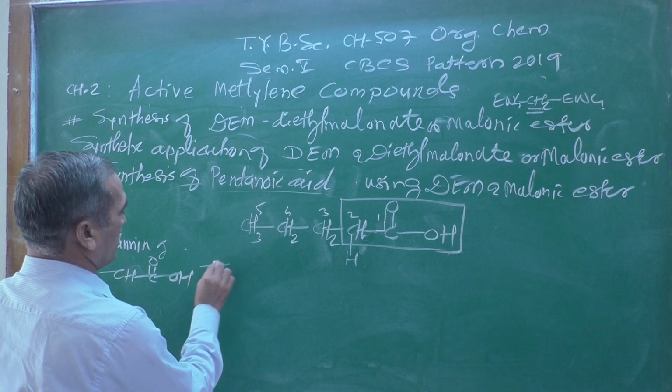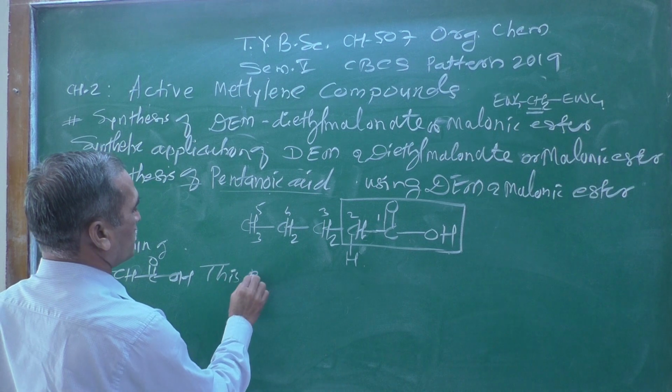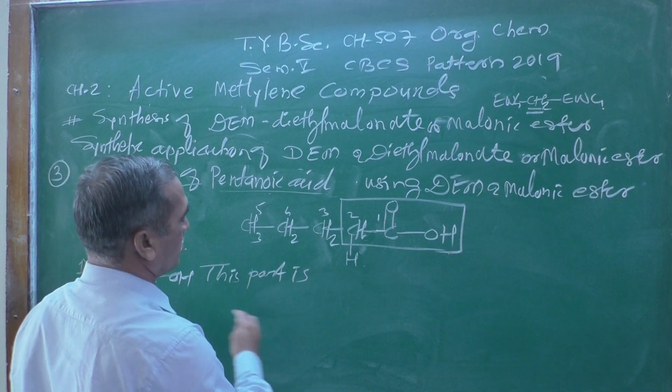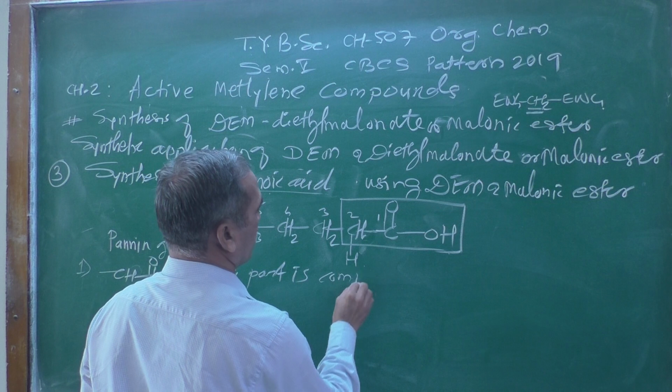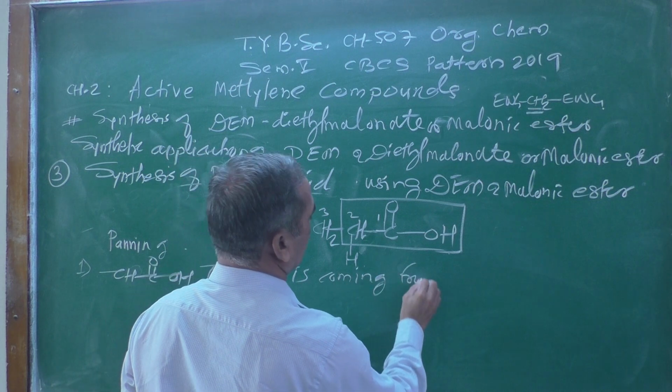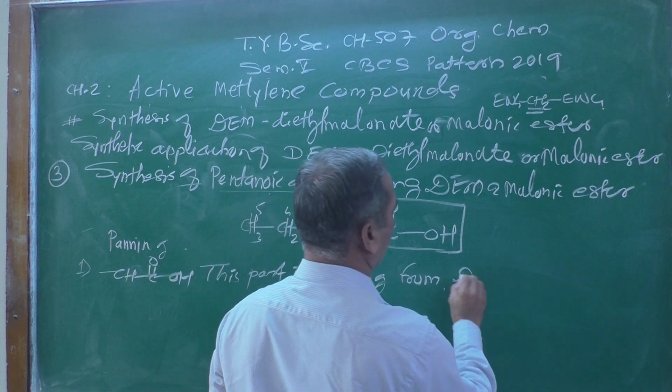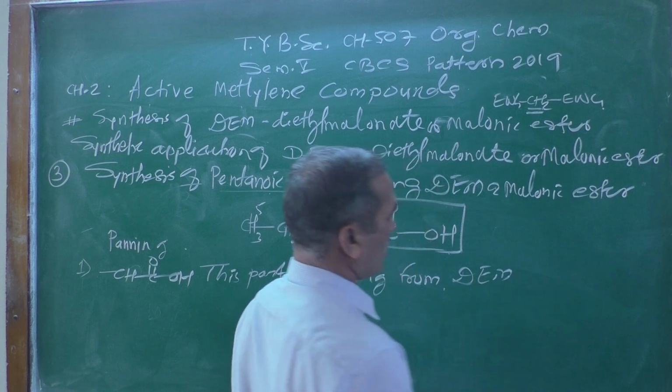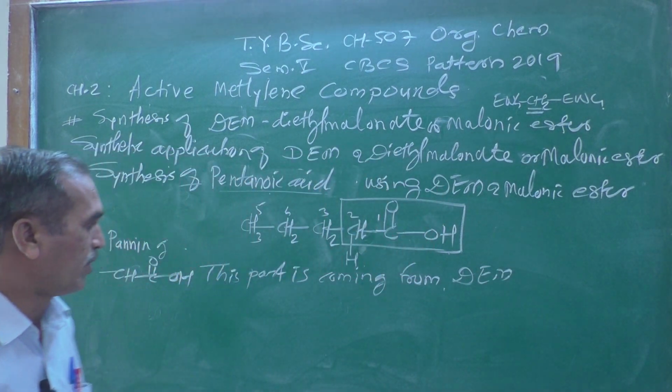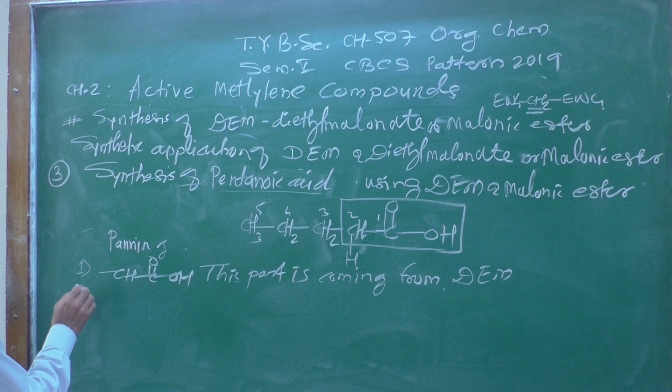This part is coming from DEM. DEM means, as we know, diethyl malonate. This is the first point, and this will be the second point.